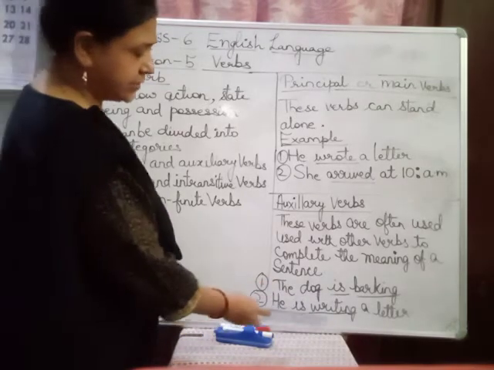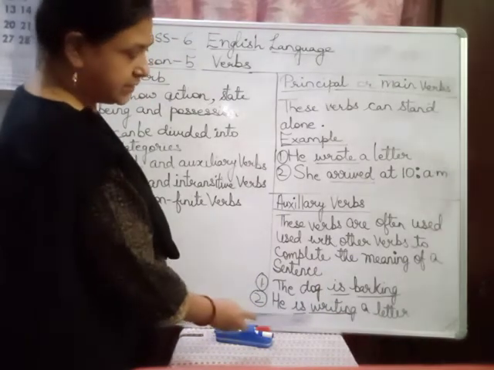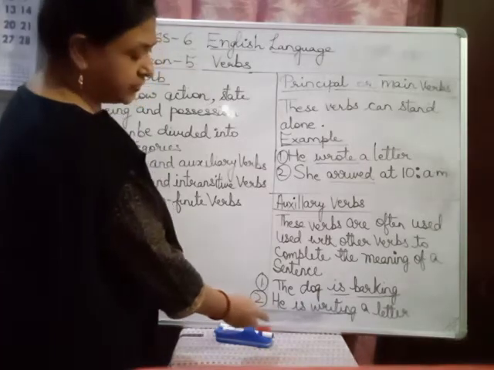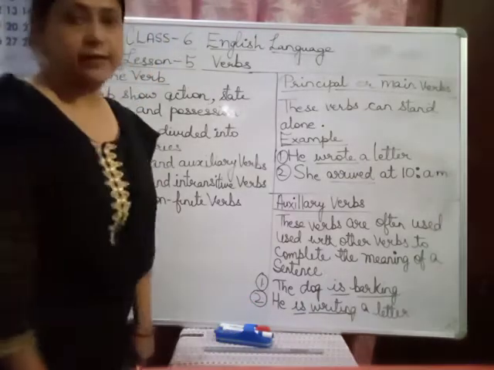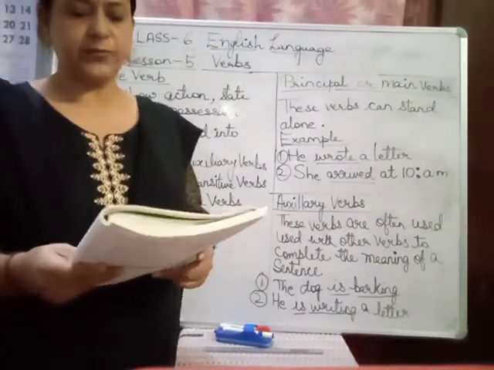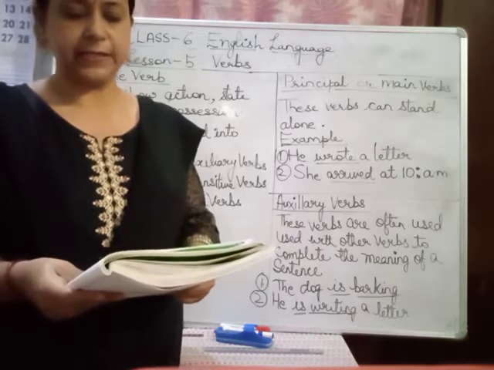He is writing a letter. Is writing, the helping verb is "is", and with the help of this we can see the action performed is writing. These are auxiliary verbs. These verbs are often used with other verbs to complete the meaning of a sentence.